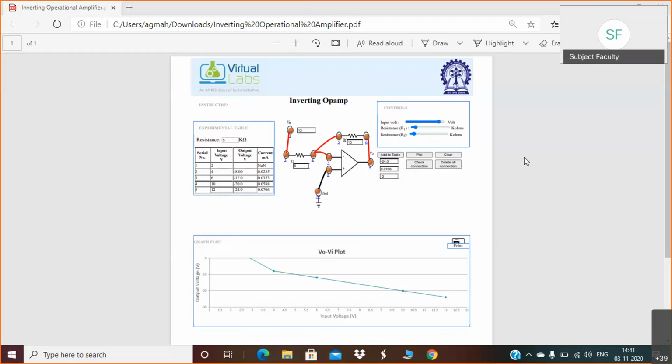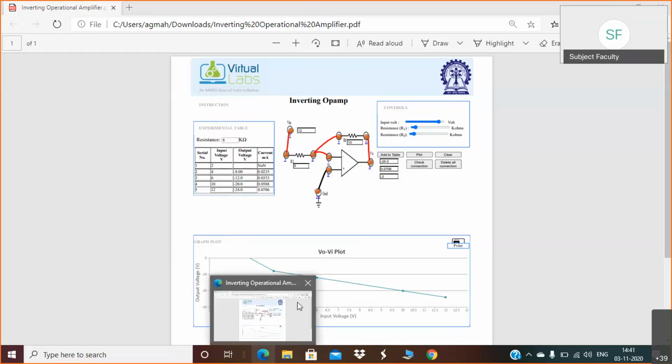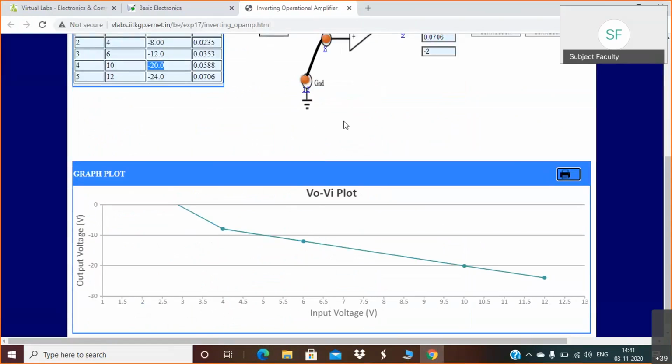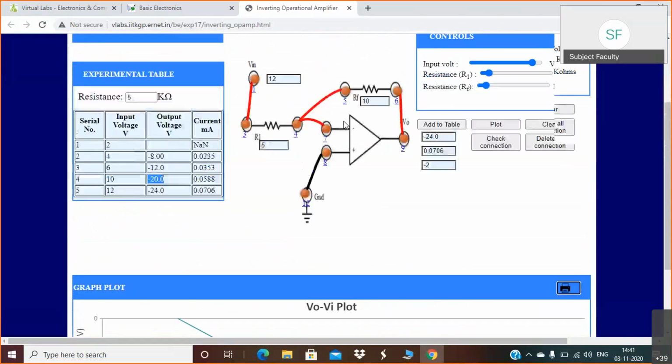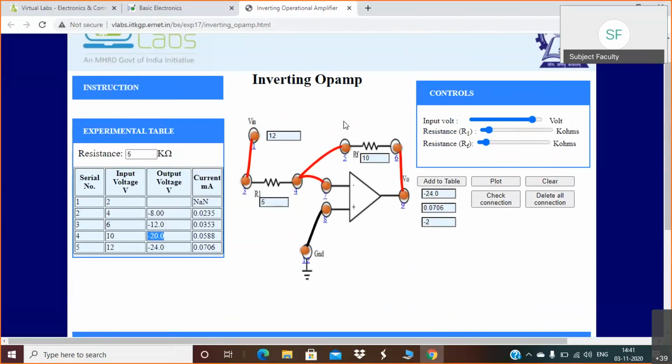Okay, I got one question on how to save the PDF to the device. So I'm again doing that process. Once it is up to this point, I think it is understood. Once you have taken all the readings, you can also plot.